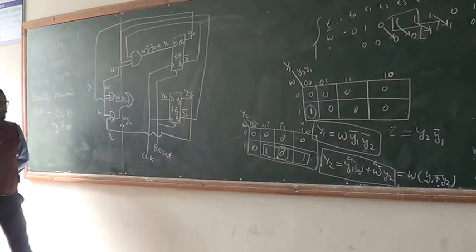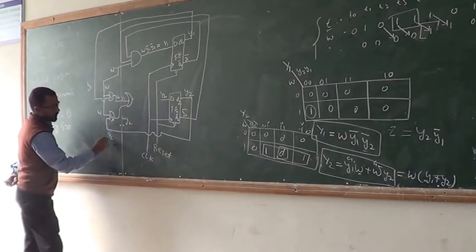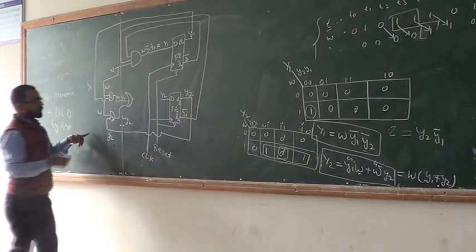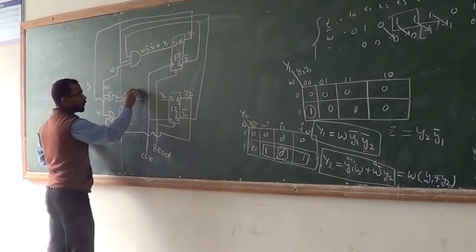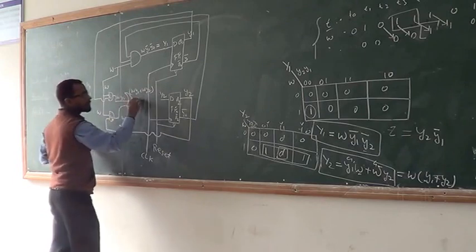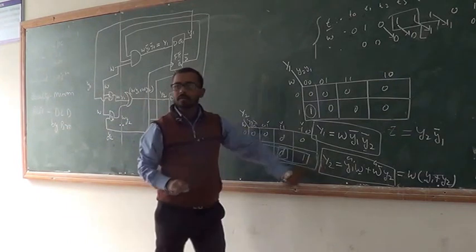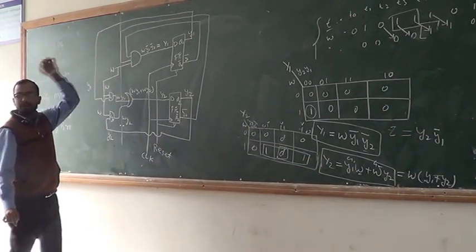Do you have any confusion? Okay, yeah. This is a small one. Okay, thank you. Now, at the place, what do you get? You get W Y1 plus W Y2. And this is Y2. That means this portion is a combinational portion.